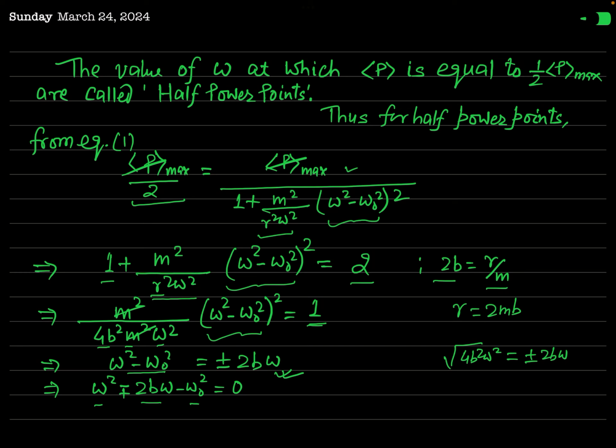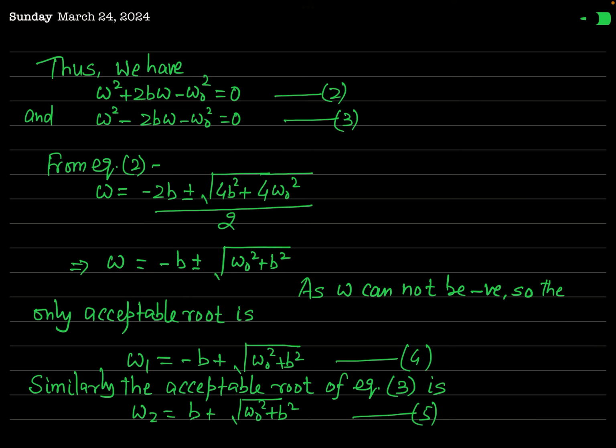Now you can see, when we take this plus minus sign separately, we will have two equations. So taking the plus sign, we will get one equation which is omega square plus 2b omega minus omega naught square equal to 0. And after taking the negative sign, our equation will be omega square minus 2b omega minus omega naught square equal to 0.